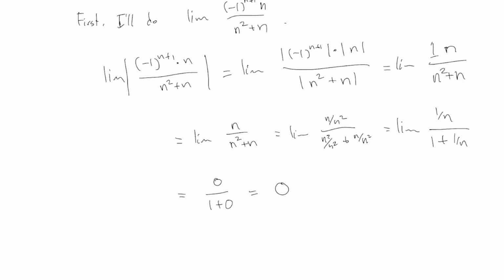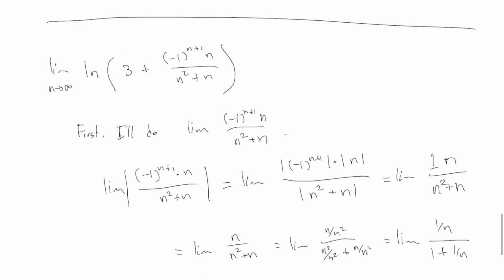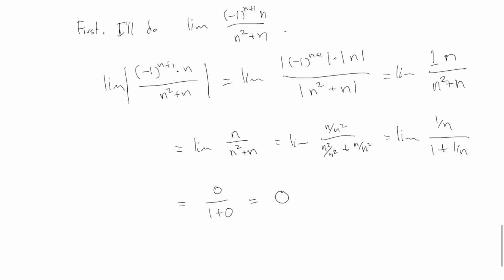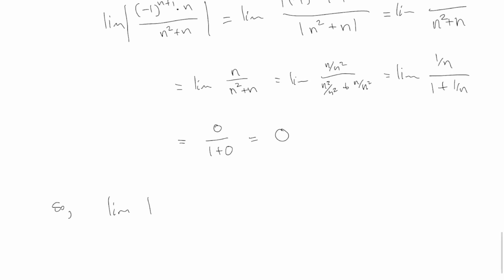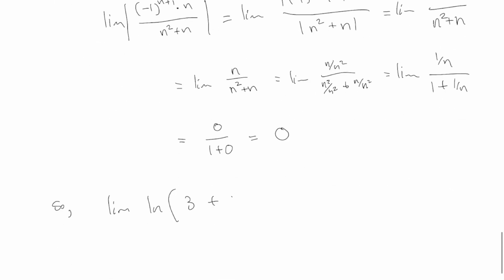And now it's very easy to finish what I started with, right? If this is really what I want, I'll say now, so the lim of ln 3 plus that other business, minus 1 to the n plus 1 times n over n squared plus n.